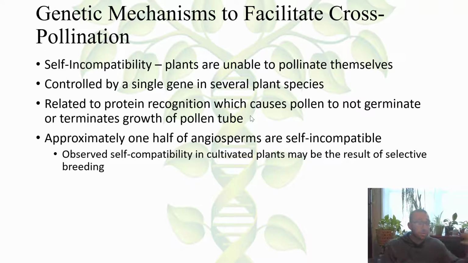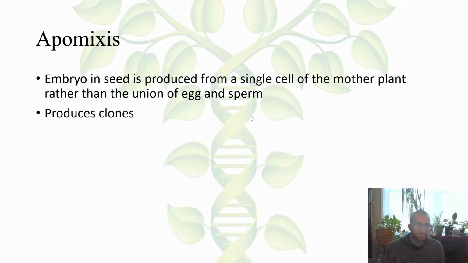So besides these morphological adaptations, there are genetic mechanisms that are used to prevent self-pollination or self-fertilization and promote cross-pollination. And lastly, I talked about apomixis, which is a little more rare. The female reproductive part of the plant is the pistil.